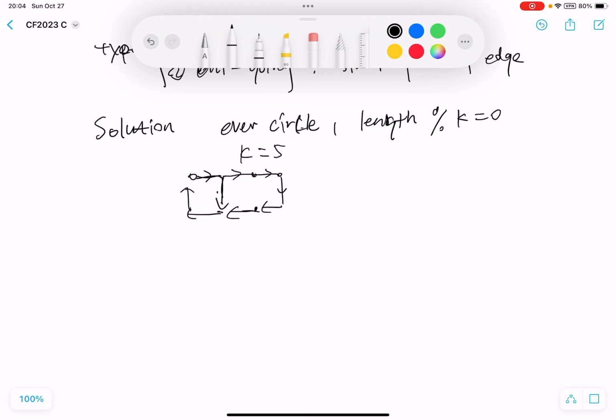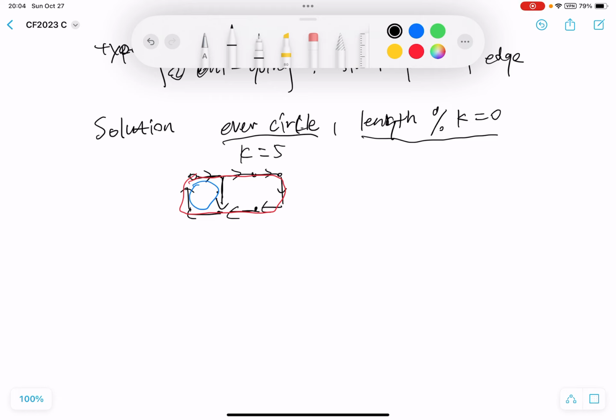Actually, for this graph where every cycle length is divisible by k, there are two cycles. This is the first cycle, and the large cycle is the second one. If this information is correct, we can paint a color on every node of the graph.